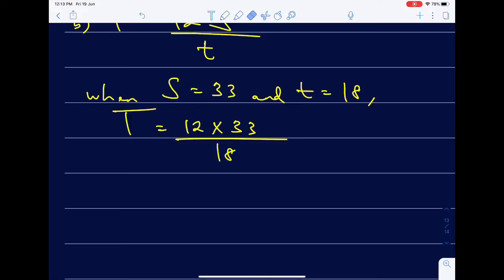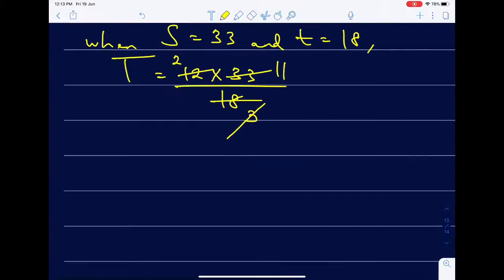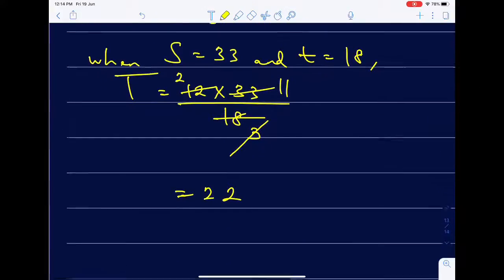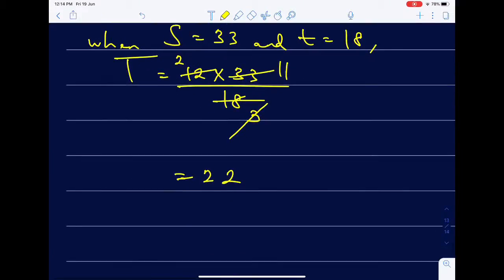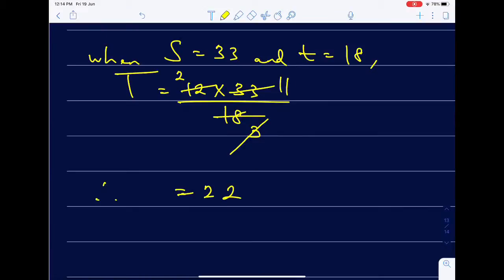And then we can go 6 in 18, 3, 6 in 12, 2, 3 in 3, 1, 3 in 33, 11. And that means 22. So, therefore, T equals 22 when S equals 33 and small t equals 18.